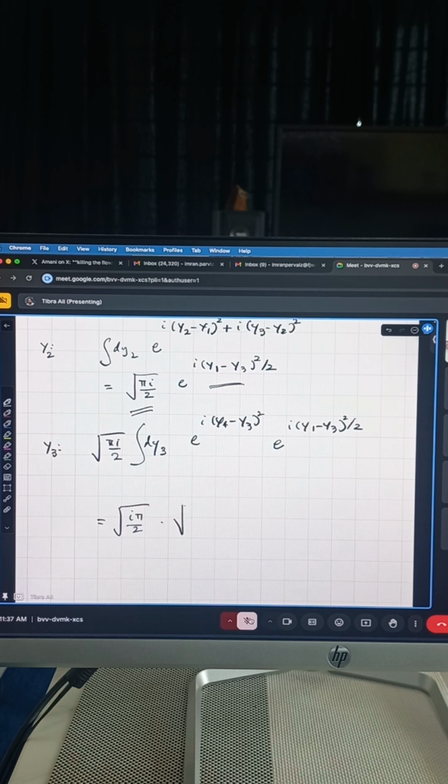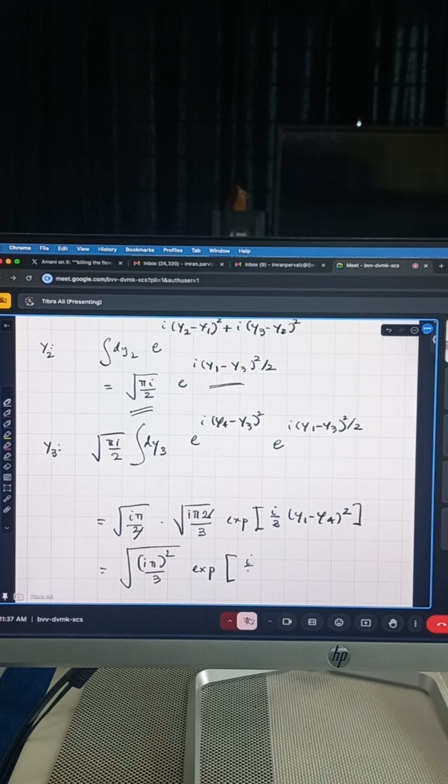And then you have an exponential of I by 3 y1 minus y4 squared. Here we see that these two things combine, and we have square root of I pi squared by 3, and the exponential of I by 3 y1 minus y4 squared. So you keep on doing this now.